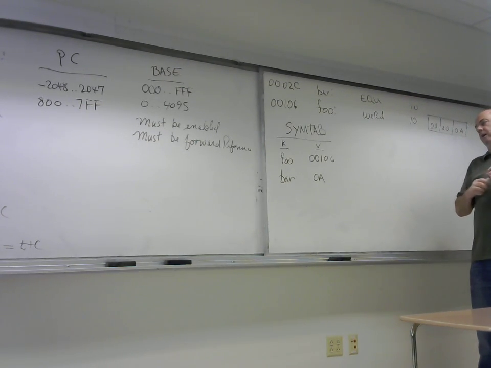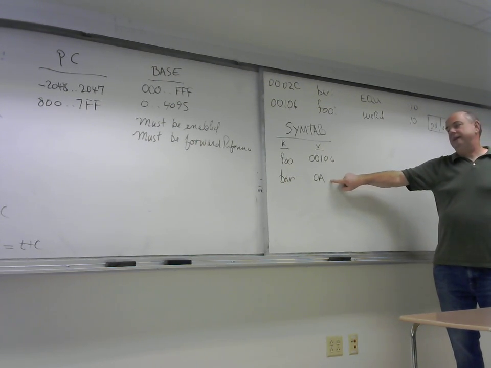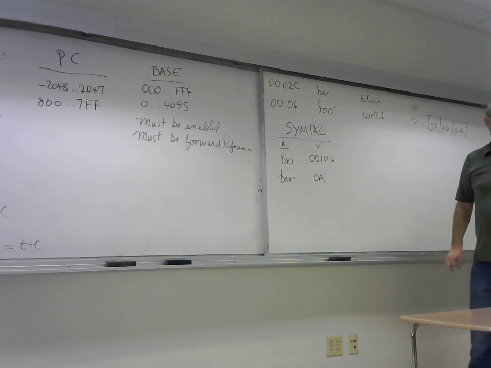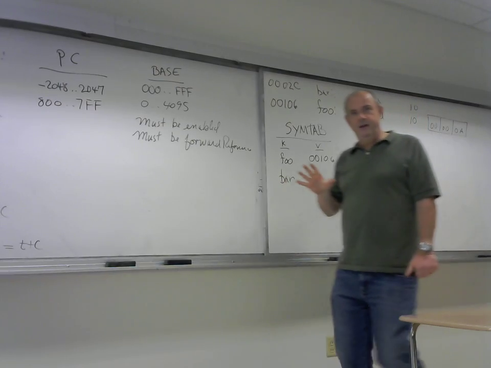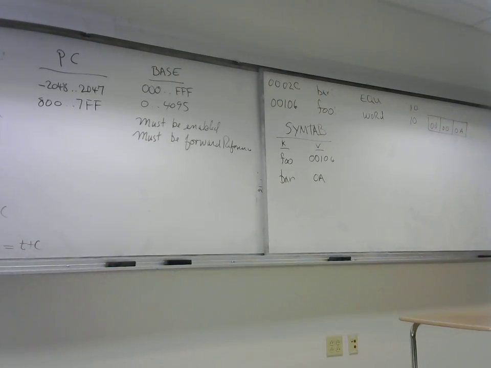That's the value of it. Typically, though, the value of a label is an address unless you've set it manually with EQU. Therefore, the value of foo is what it is in the symbol table, which is 106. The value of bar is what it is in the symbol table, which is manually set to 10. You with me? Okay.